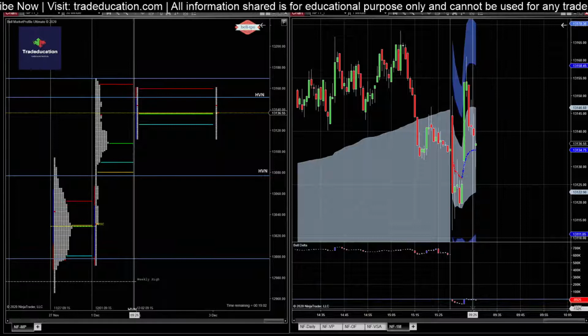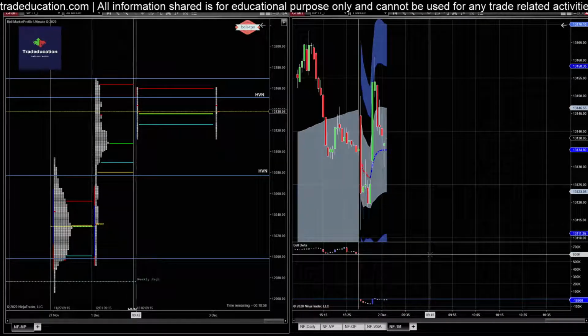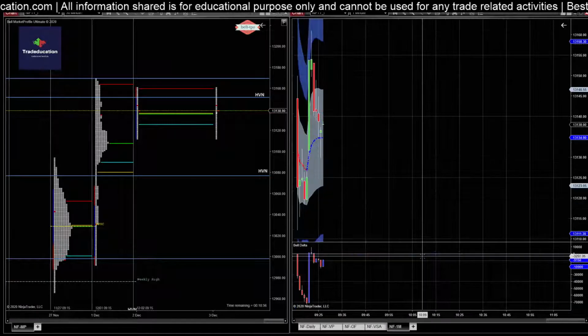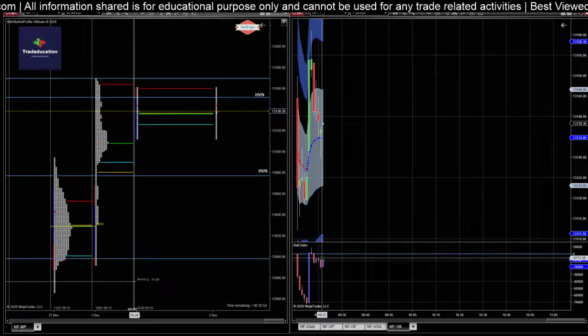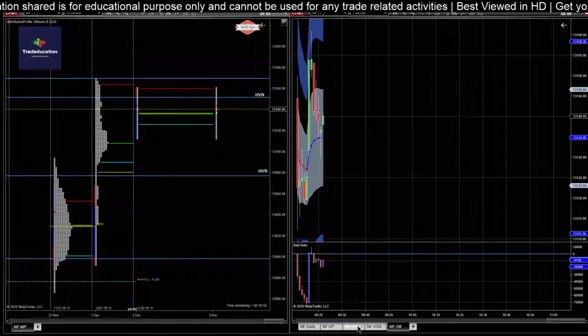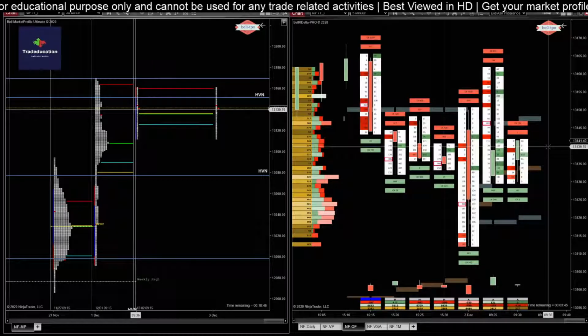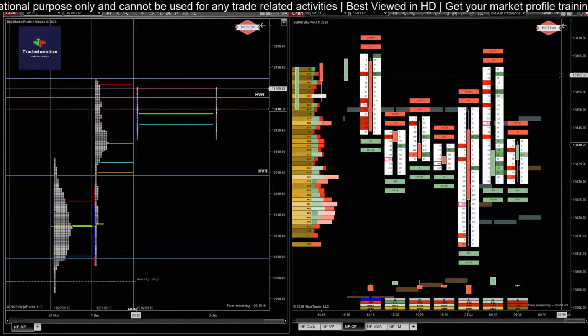Delta is just developing sideways around the zero line. So now I'm looking for delta to increase. I'm expecting buyers to step in and take the auction higher.